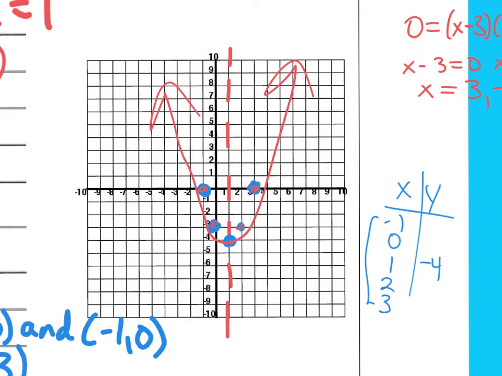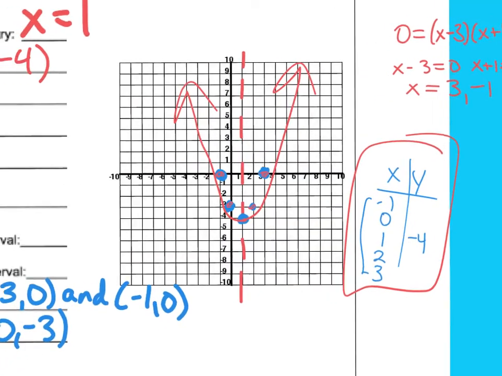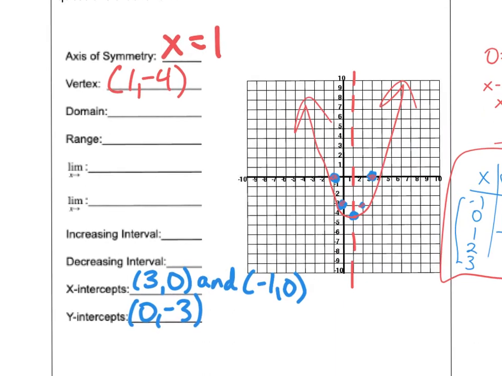And there's my U. Poorly drawn, but there it is. Okay, questions on that? All right, so this table still works. You're welcome to do that if that's easier for you, but sometimes it's easier just to plot the points that you know and go from there. Domain and range.